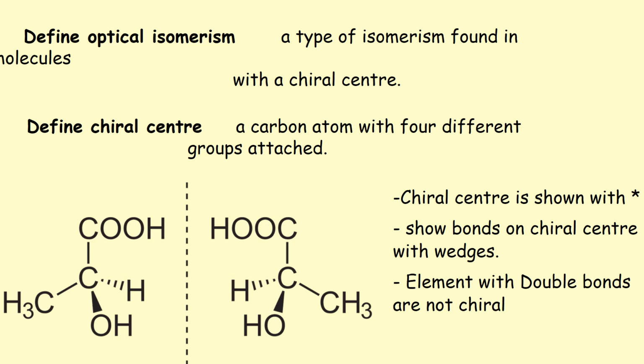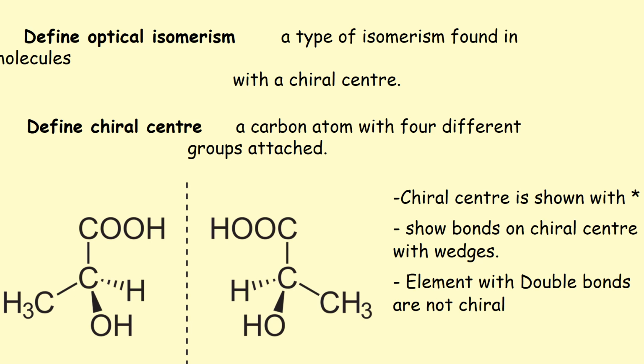Okay, and we'll look more into this in the next slide. So you can show a chiral center with an asterisk. When you see a chiral center, you're going to be doing a number of things. You put an asterisk on it, but you have to put the 3 different wedges.